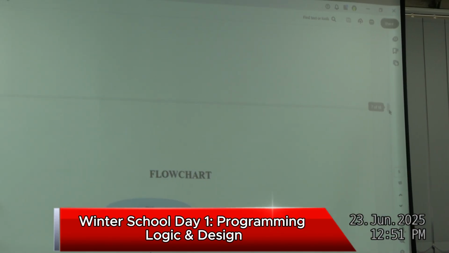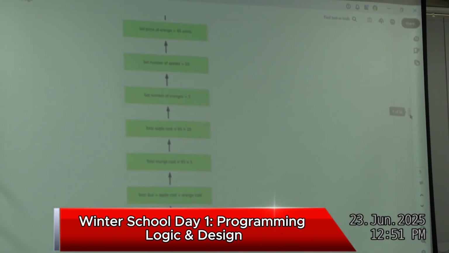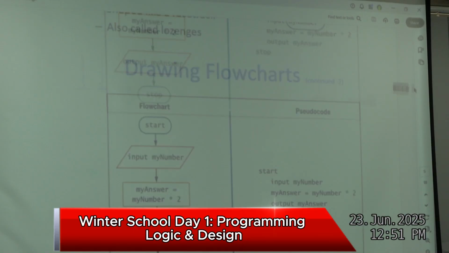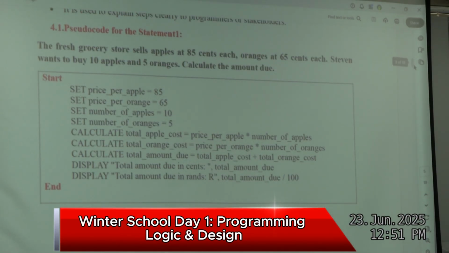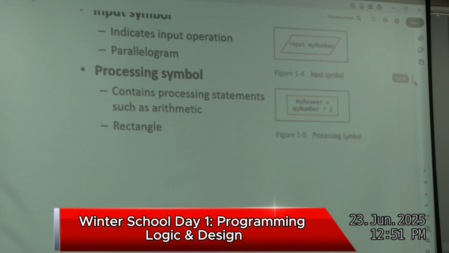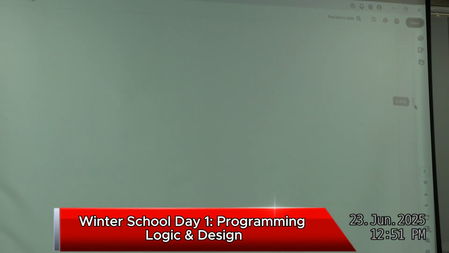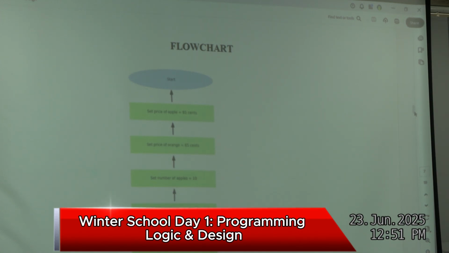So we must create a flowchart of this statement, which is example number 1, correct? What do you see wrong here? Is this flowchart correct? Good. Let us work on it now. So how do we fix this error?